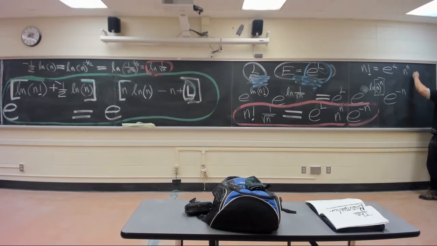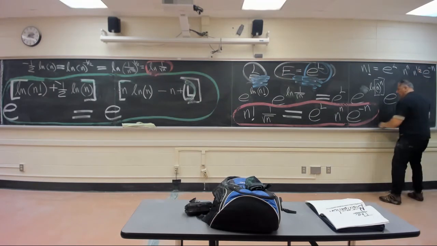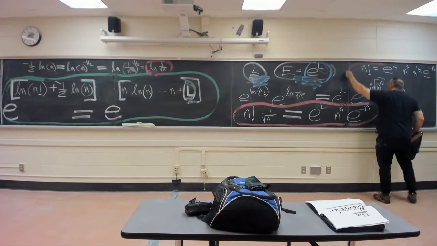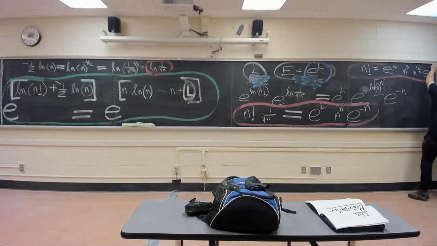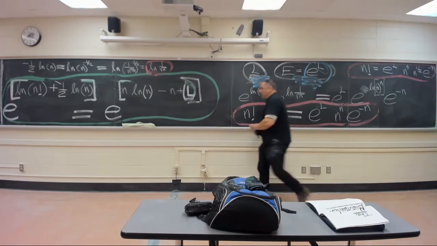Multiply by the square root of n on each side. Ladies and gentlemen, is the square root of n, n to the 1/2? Yeah, it is. Well, that's good.